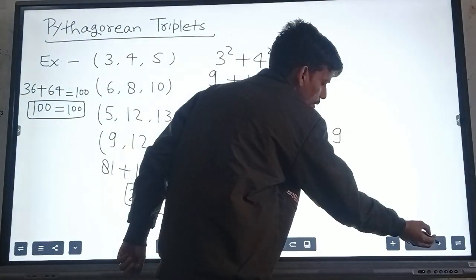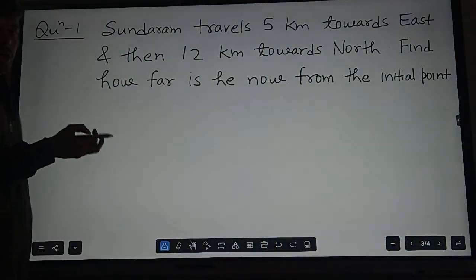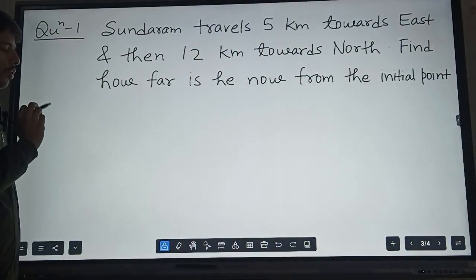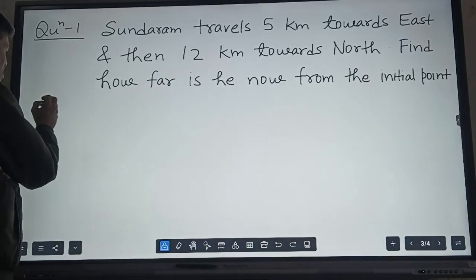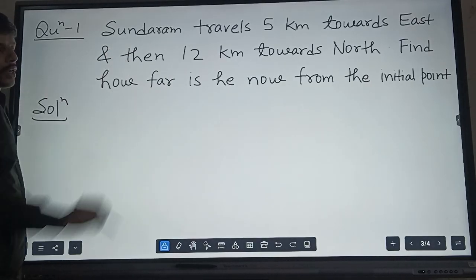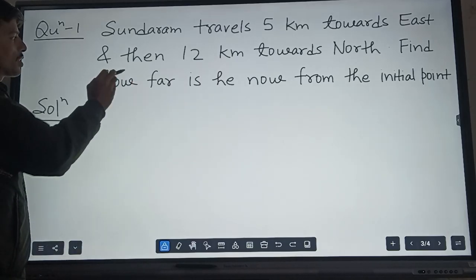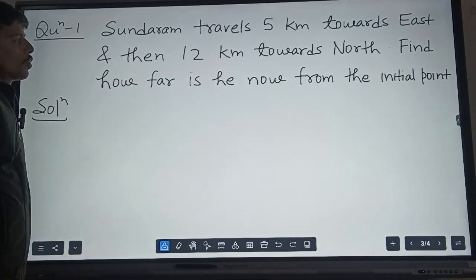Now we solve some questions based on Pythagoras theorem. Question number one. Sundaram travels 5 km towards east and then 12 km towards north.